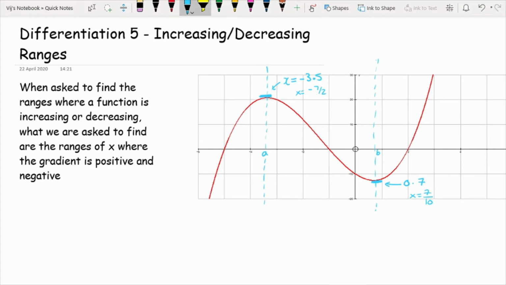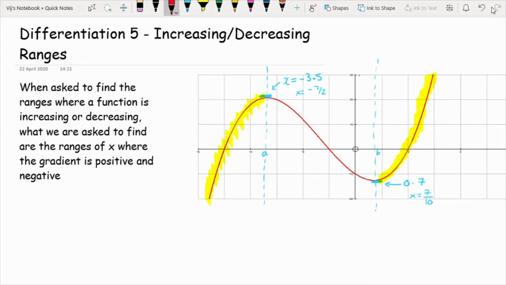Now, looking at this particular part, on the left hand side of A, where x is less than minus 7 over 2, if I mark all the places where it's got a positive gradient, in this range here we've got a positive gradient, and in this region here we've got a positive gradient.